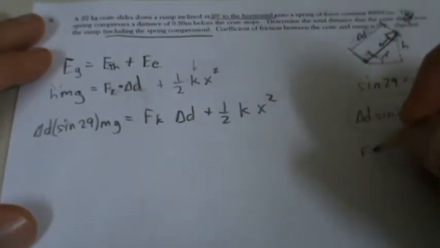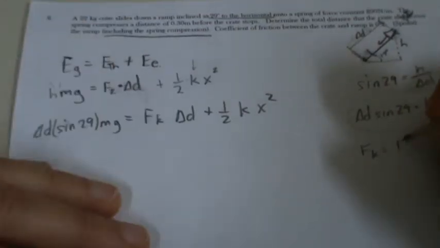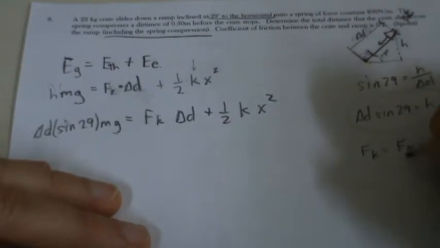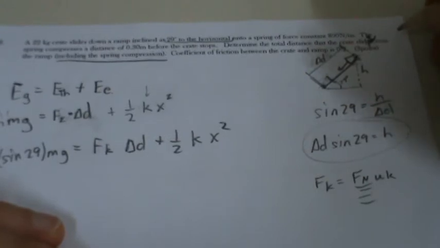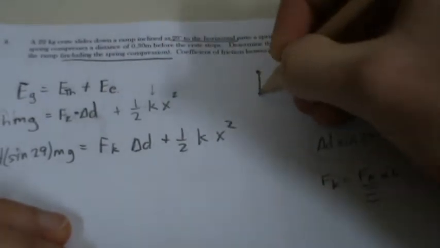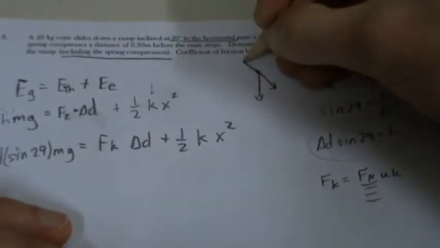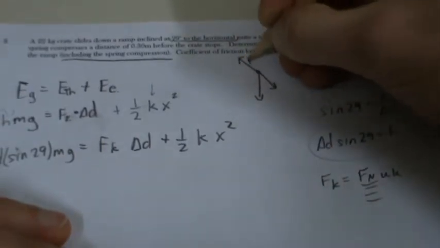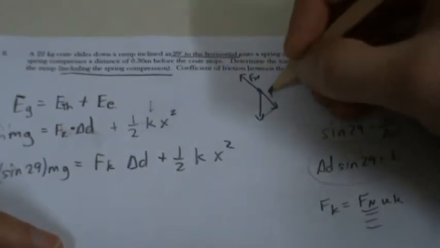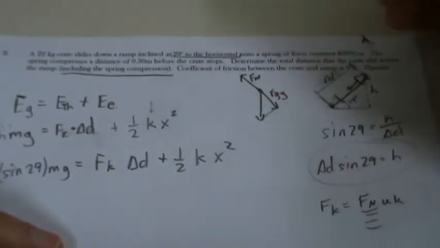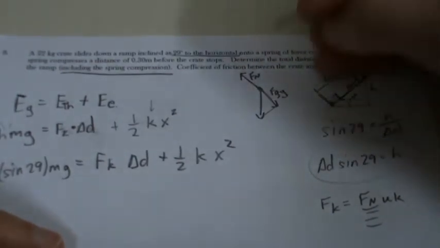Fk is actually F normal times uk, but I need to figure out the normal force on the box. If I go back and think of the box here, remember the normal force is equal to Fgy.